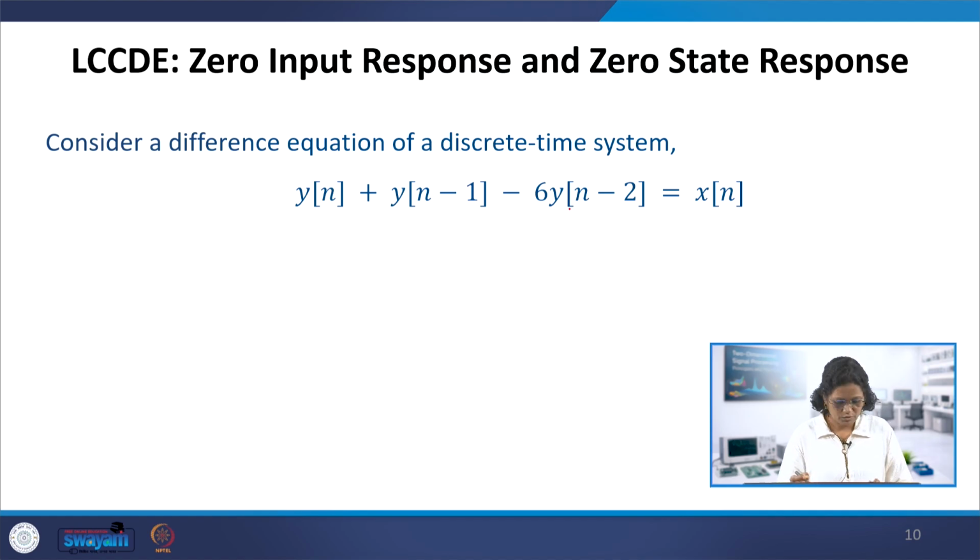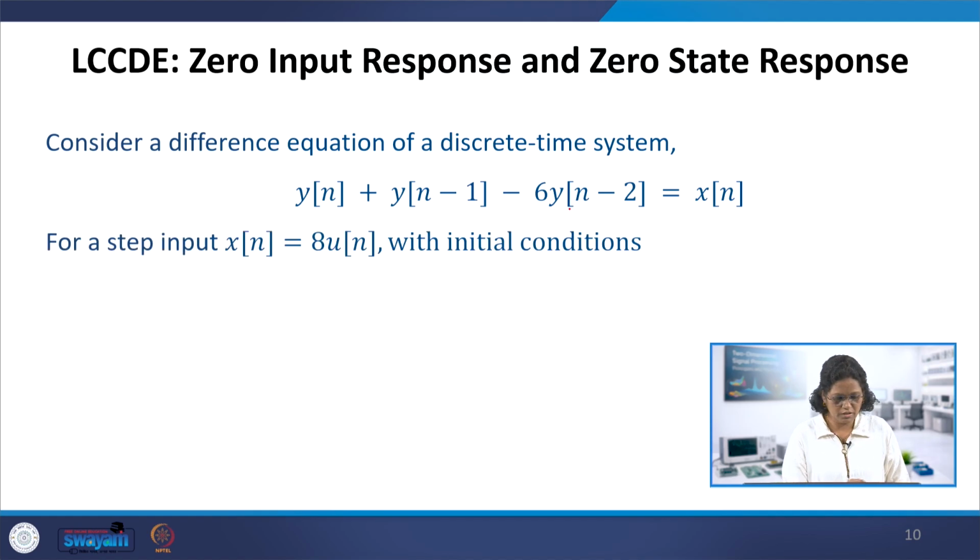Here, for a step input x of n equal to 8 u of n, with initial conditions y of minus 1 equal to 1 and y of minus 2 equal to minus 1, this is the given system with the initial conditions and x of n is the input.